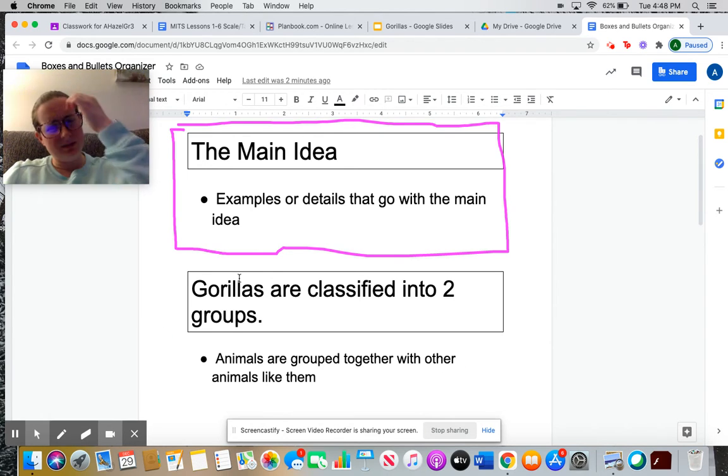So do you think we need to change the main idea? I think that we could add some more details to it, okay? So we don't necessarily need to change it. I just wanted to know what you were thinking, but I think we could add more details to it. Could you tell me what you would add to the main idea box?